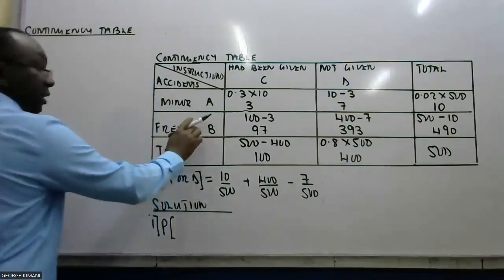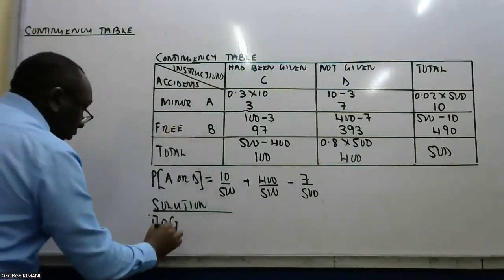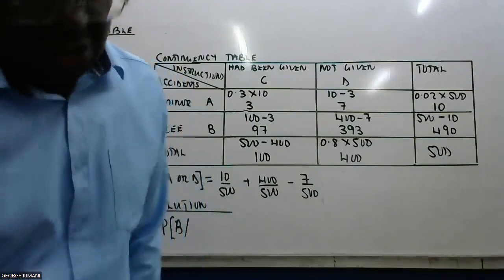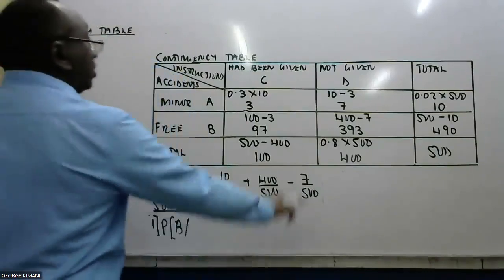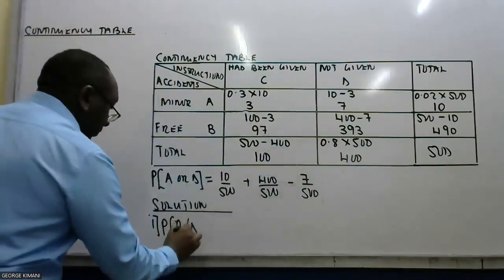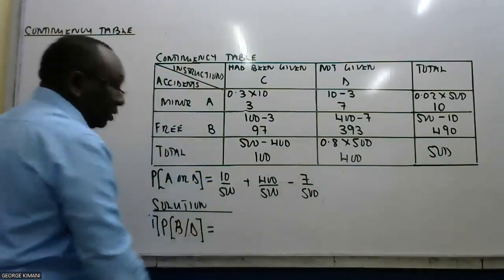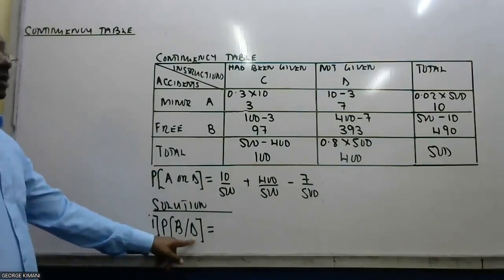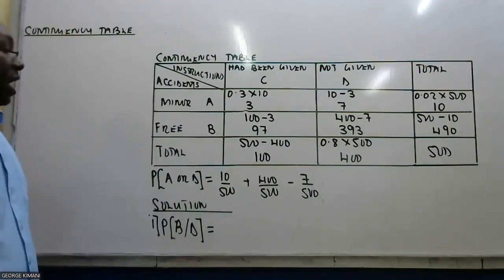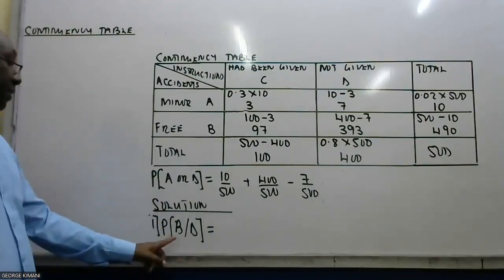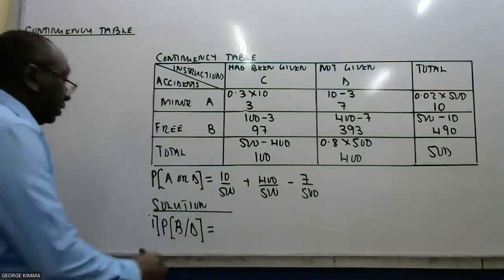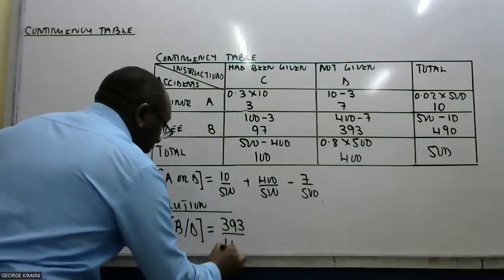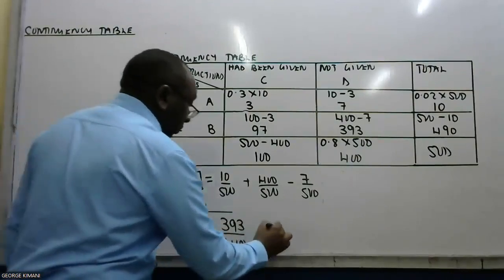Accident free is this B, given that they had no safety instructions. No safety instructions is D. So now you go where there is D. D is 400. When you are there, look for B. B is 393. So the answer is 393 out of 400.